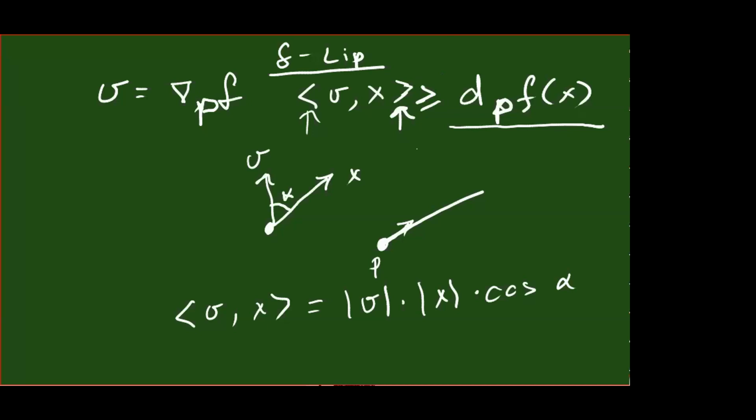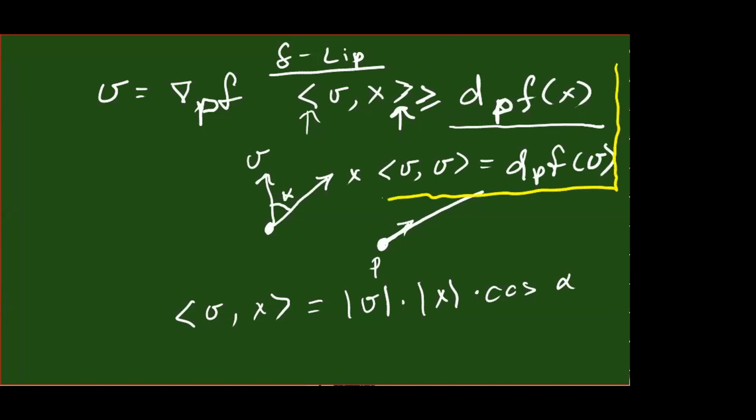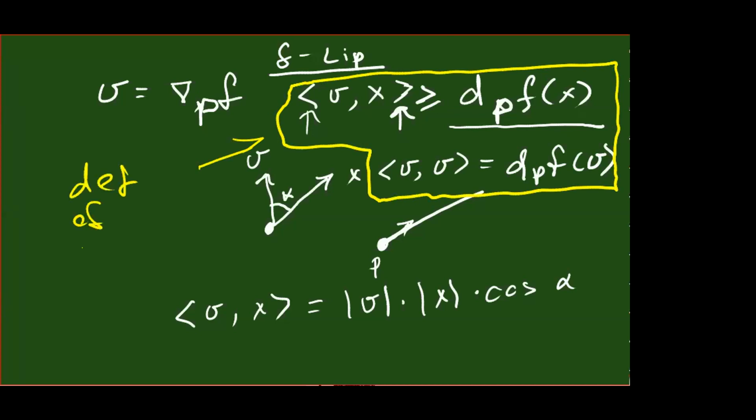Plus we add one more condition: the norm of v is equal to d_P f of v. These two things are the definition of the gradient at P of f. So it's the definition of this identity.